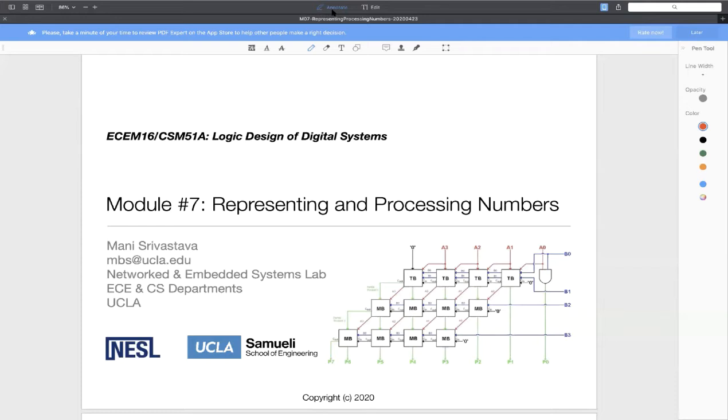And last time around, we saw how we can do max and things like that, but this module will probably spill into next week. We're going to look at how numbers are represented in terms of bits, including going beyond simply positive integers, and also how we do arithmetic with them.